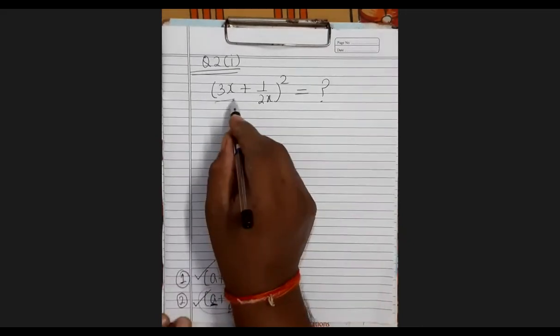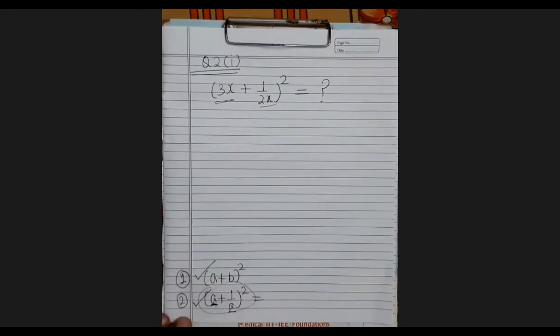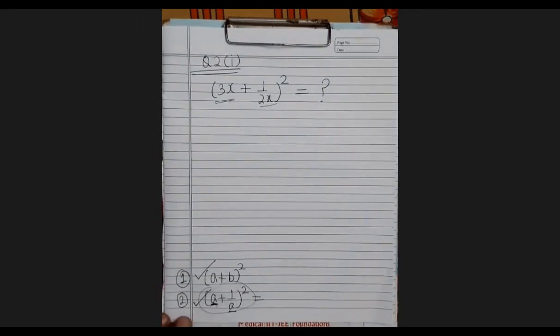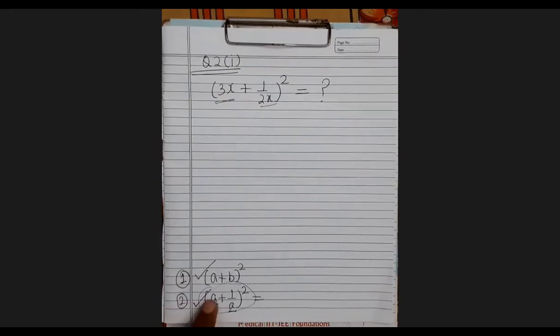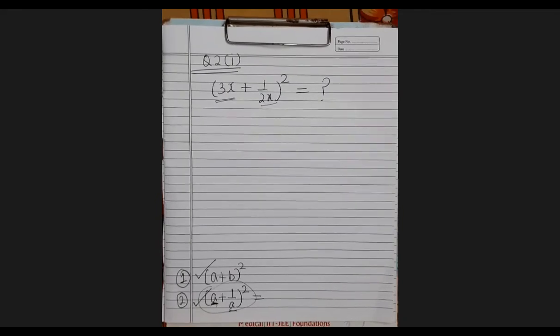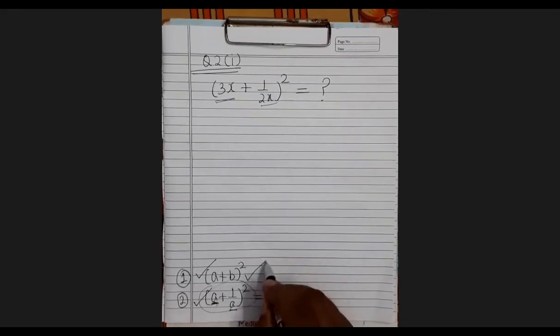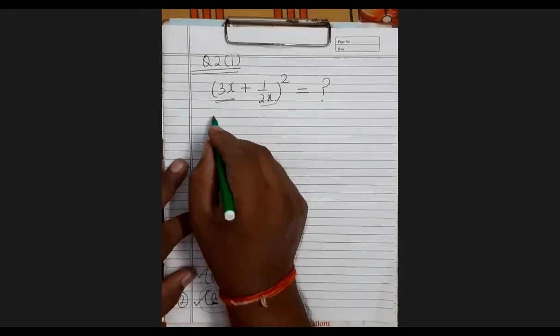But here it is 3x and here it is 2x. Is it clear? There should be the same thing in the upon. Then only you can use the second one. So we will use formula number 1. Which formula? We will use this formula.